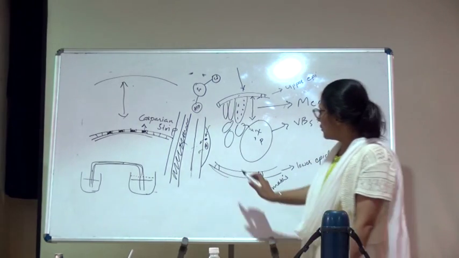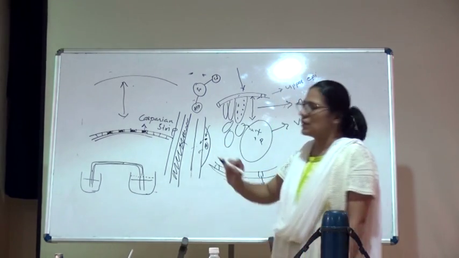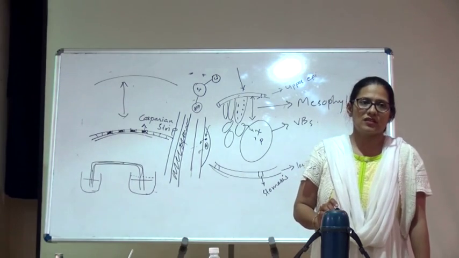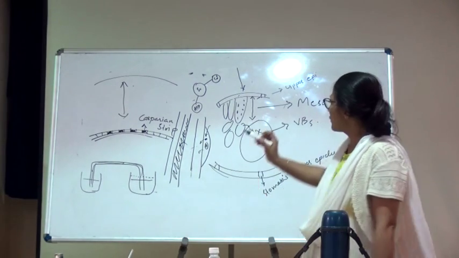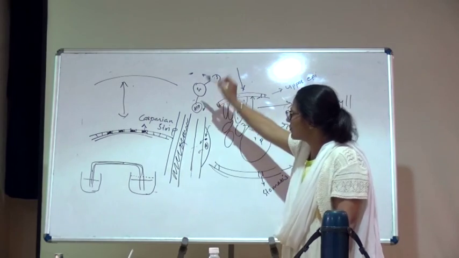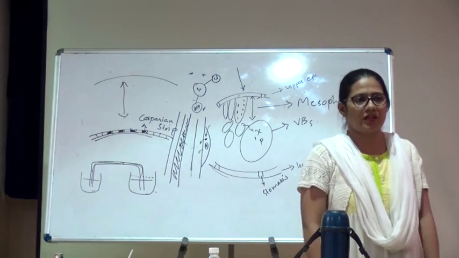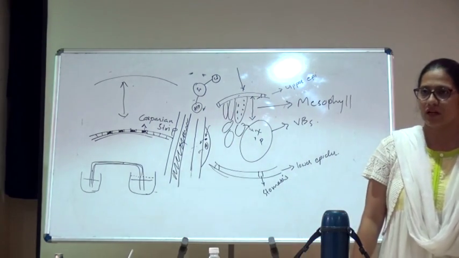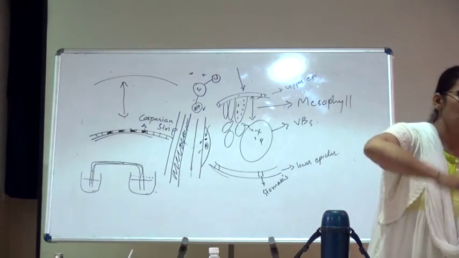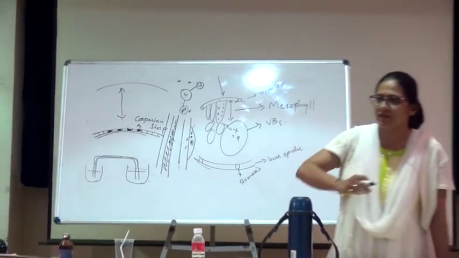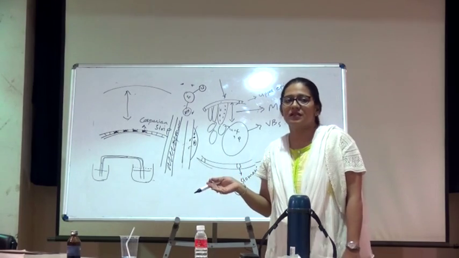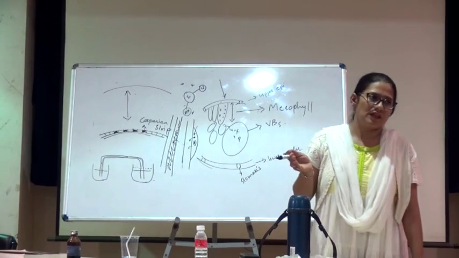So this is how the transportation of sugar occurs. Because of the energy, it is known as active transportation of the sugar. If the transportation occurs due to the pressure gradient difference, it is known as passive transportation.